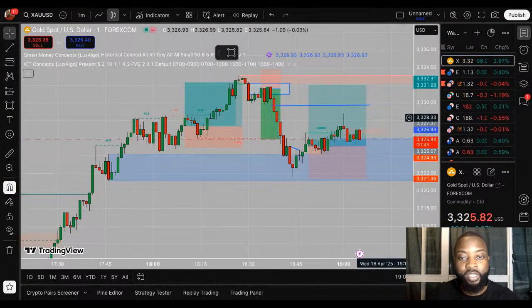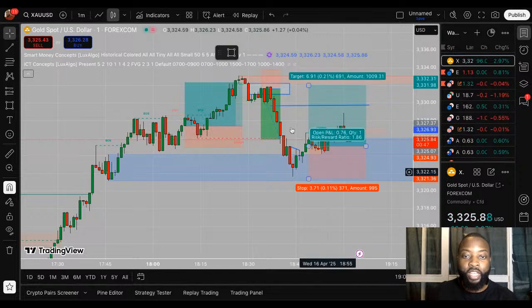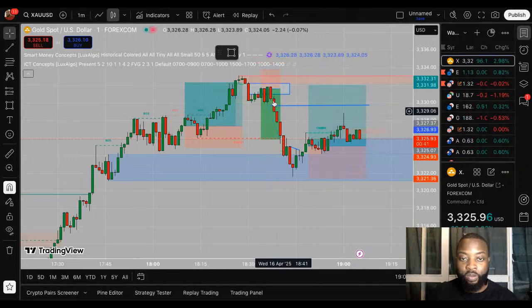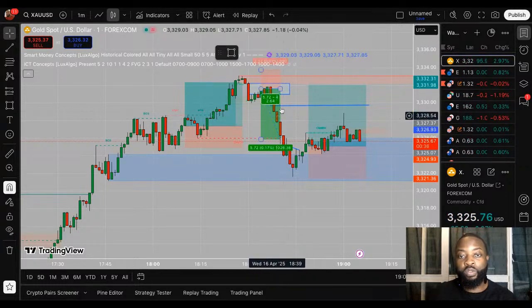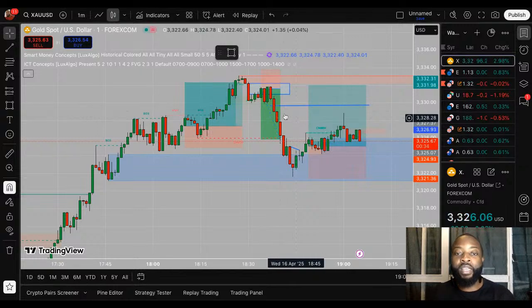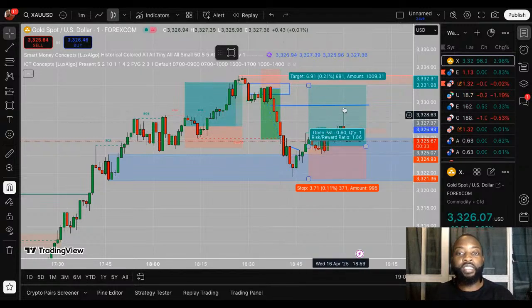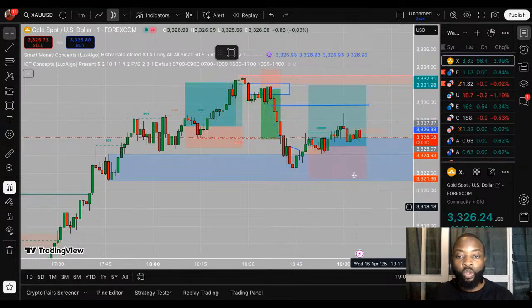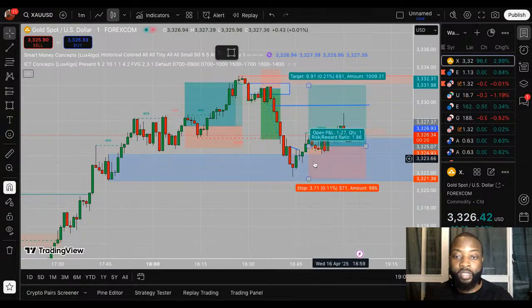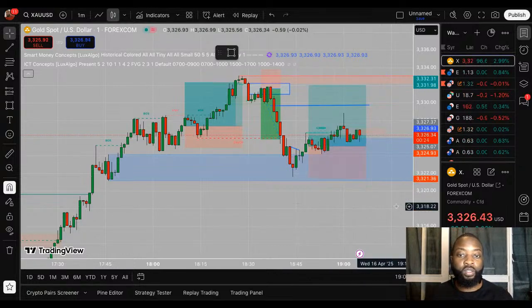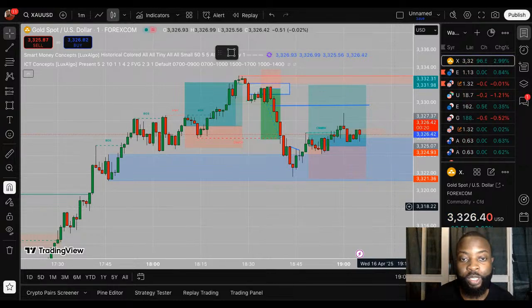But remember, this was the first level we talked about, the fair value gap in this area. It's such a big fair value gap. The market has been dropping and never came back to this area. So if the market only stops here and doesn't go back there, we will need to think and say, you know what? We can accept the loss here. It's all about risk management.